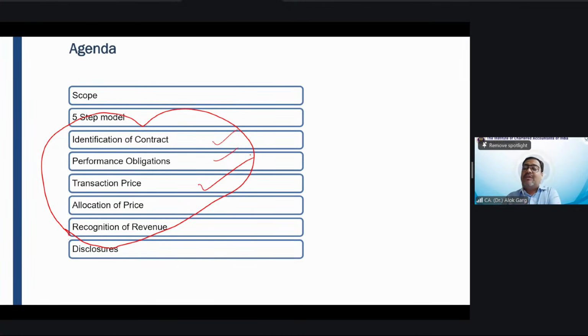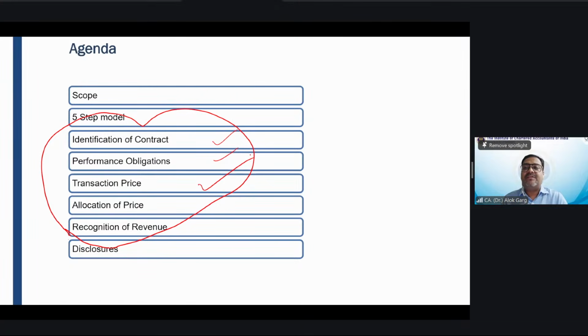Okay. So transaction price includes fixed consideration as well as variable consideration, right? We discussed if there is any incentive, if there is any penalty, right? So at the date of initial recognition, at the date of initial measurement of revenue, the entity will also estimate the variable consideration on the basis of best estimate and judgment, right?